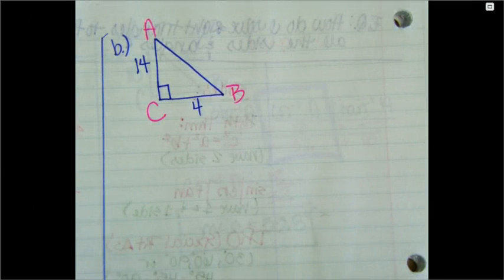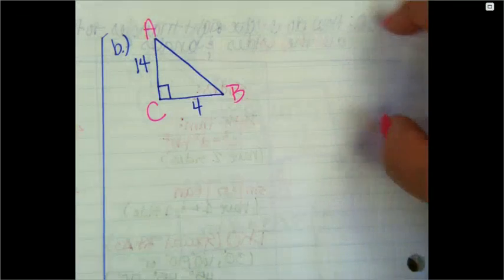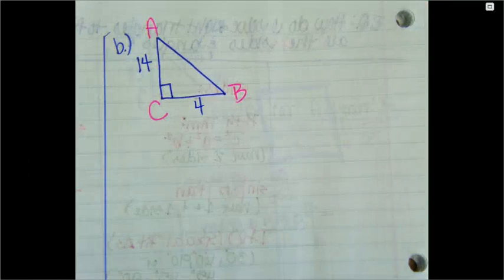Here we go. A, B, and C. One side is 4, one side is 14, and that's all you know. So what I want you to do first is make your 6 things up at the top that you're solving for. You're not going to solve yet. All you're doing is filling in what you know. So go ahead and put all 3 angles and all 3 sides and fill in what you know. Underline what you're going to find.